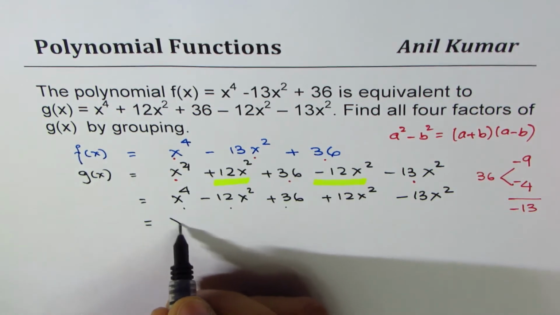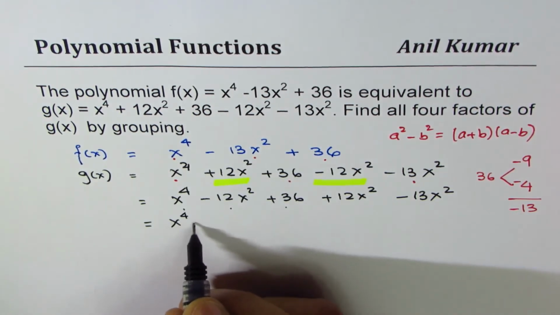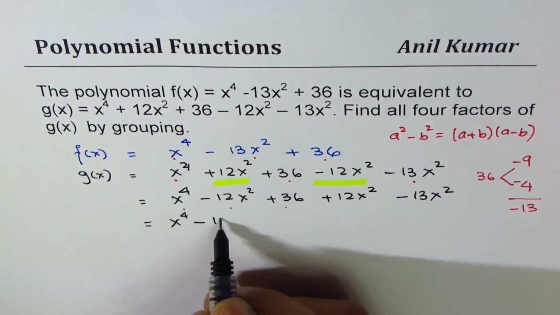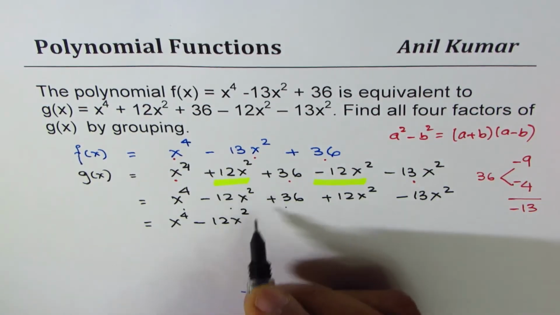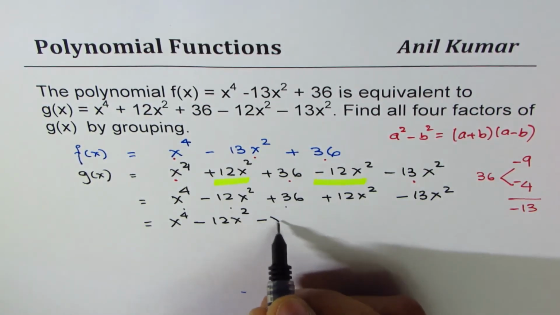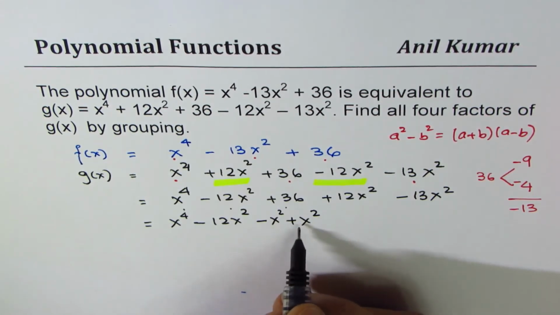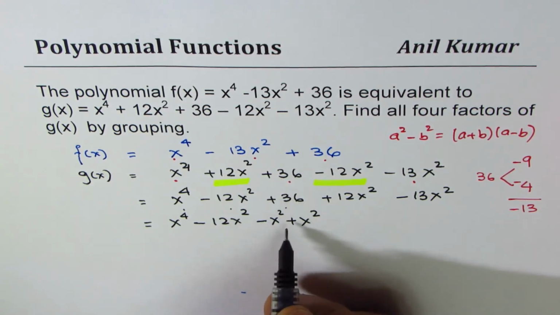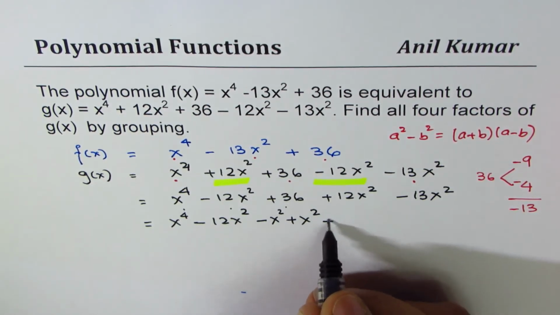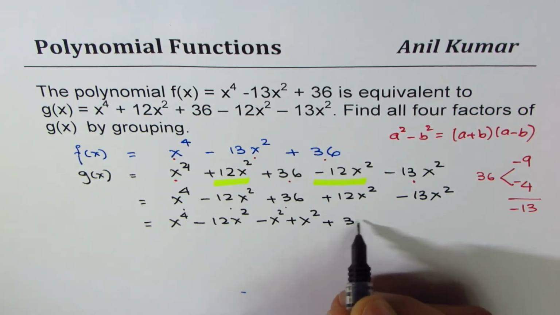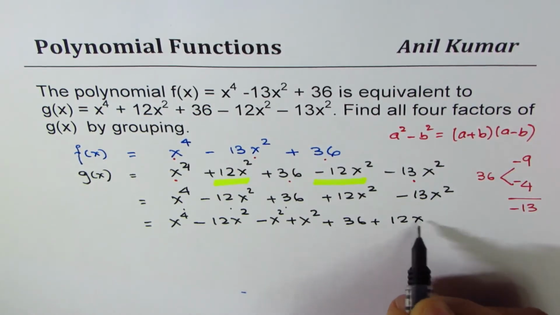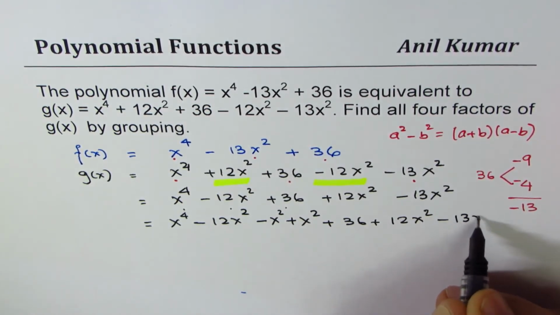So here I'll do kind of completing the squares. So I'm writing this as 12x squared, and I'm writing minus x squared plus x squared, right? Minus x squared plus x squared is 0, right? So we can always add a 0 without changing. It's still an equivalent polynomial, right? Rest I'll just copy, 36 plus 12x squared minus 13x squared.